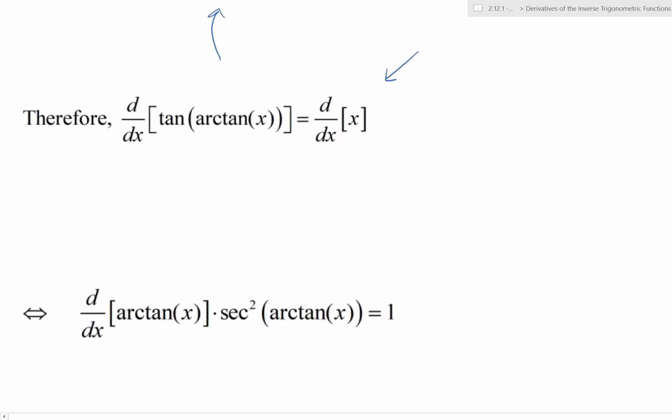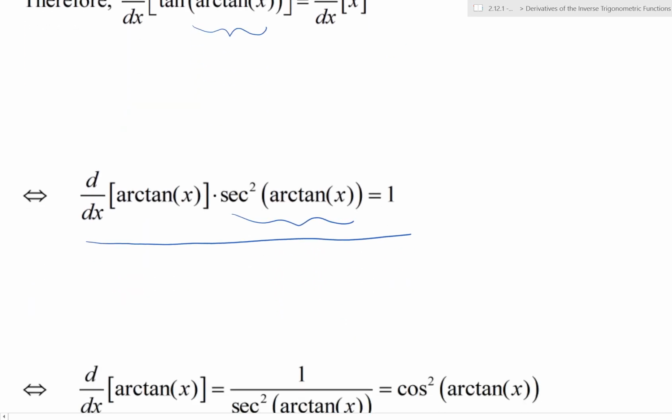On the left, we don't know the derivative of that inner function, the arctangent of x, but by chain rule, we get the derivative of the arctangent function with respect to x, times the derivative of the outer function, the tangent, which is secant squared, evaluated at the inner function arctangent of x.